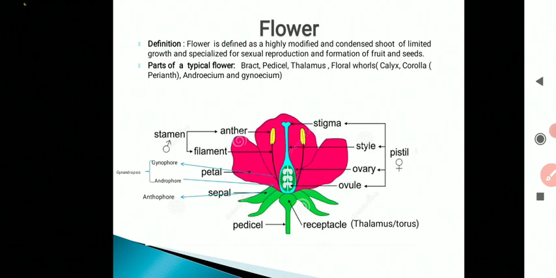Due to the attractive color of petals, they attract the pollinators for pollination, so the calyx and corolla together are known as supportive whorls.